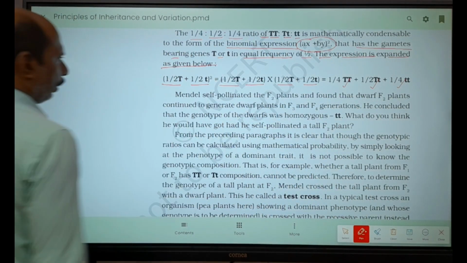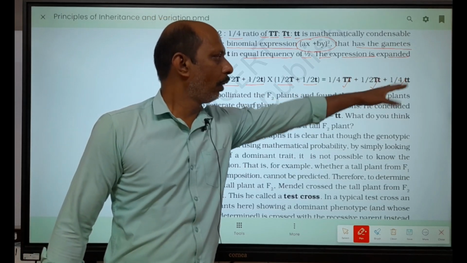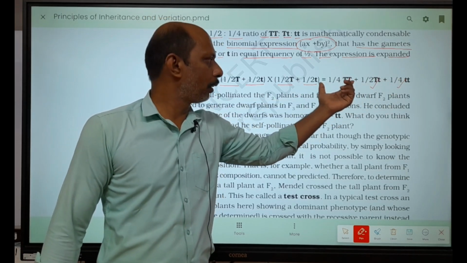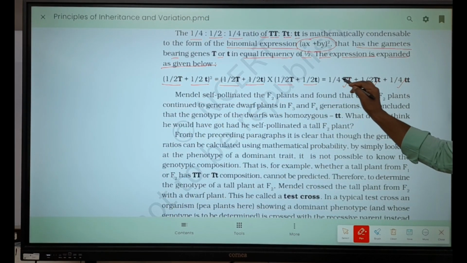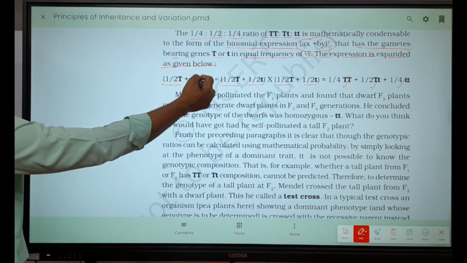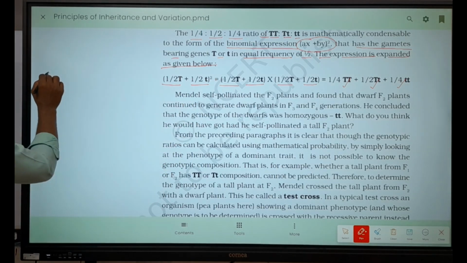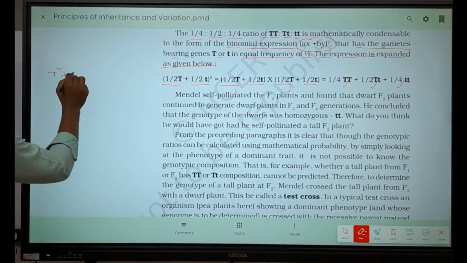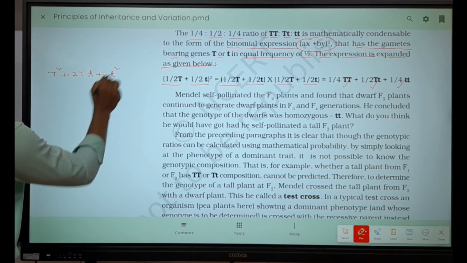Simply here it is given: 1/4 capital T, 1/2 means what? If you divide it by 2, then what do you get? You get T square plus 2 capital T small t plus small t square.